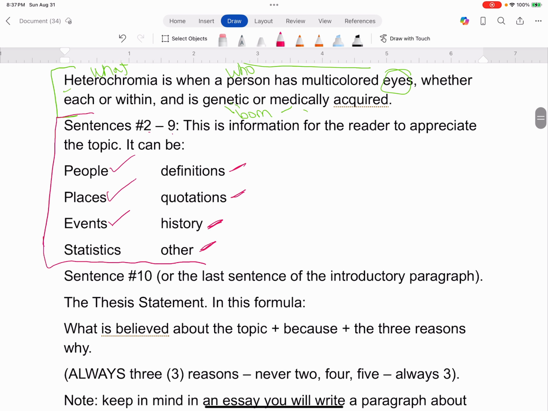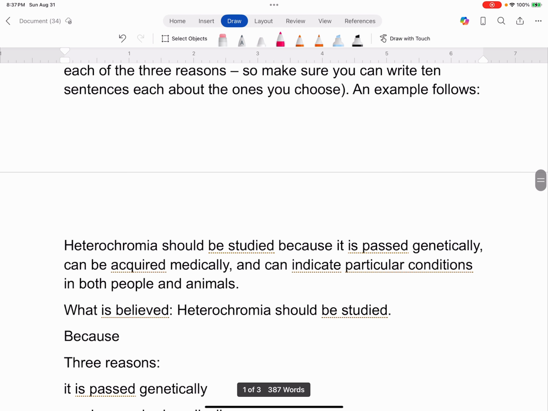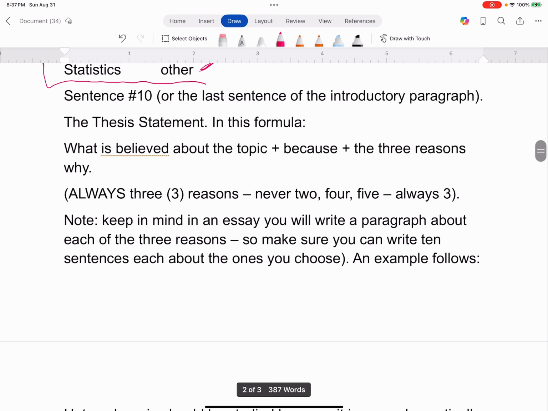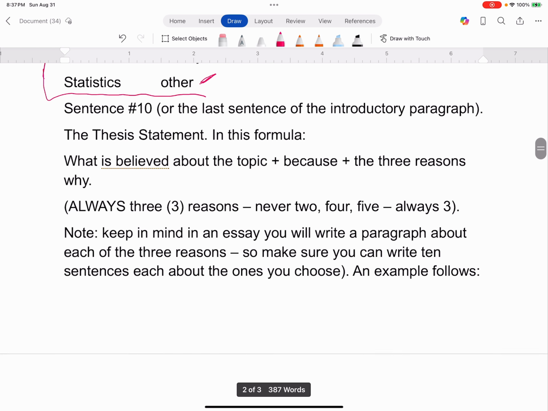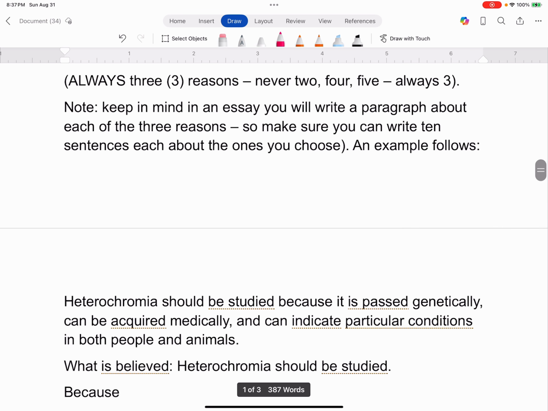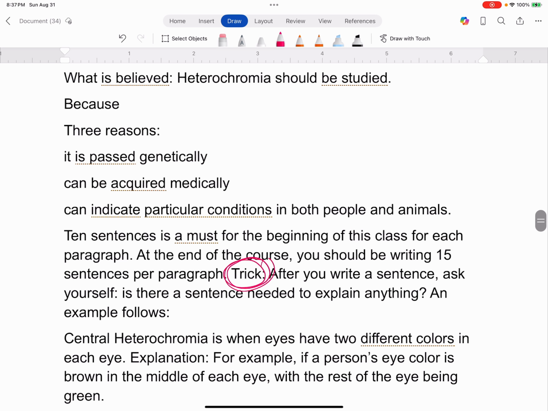So before we get to that last one, let me tell you about a trick in writing. Hold on. Let me find it. And I passed it. There it is. Trick in writing: after you write a sentence, ask yourself, is there a sentence needed to explain it?